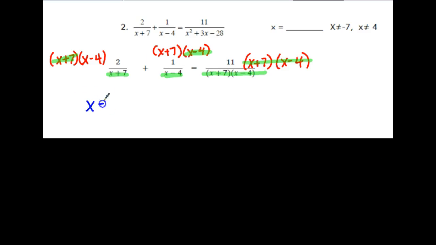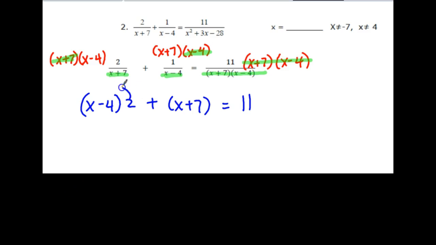I have an x minus 4 times 2 plus x plus 7 equals 11. You could have gone ahead and distributed that if you wanted to, but when I distribute that, I will get 2x minus 8 plus x plus 7 equals 11.